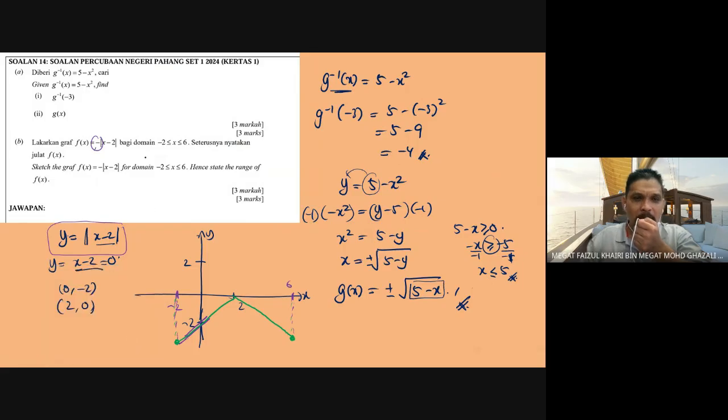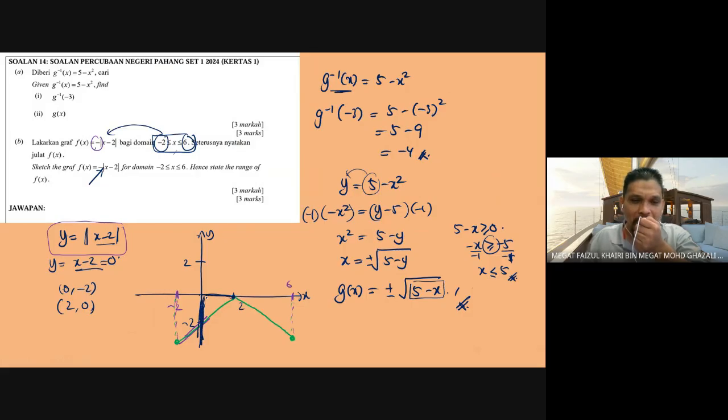Now, for the domain of this function, you substitute -2 and 6 into this function, and what you get is the range of this function. But the range you must refer to the y-axis. If you refer to y equals 0, all the values are below the x-axis, which means the range starts from 0.